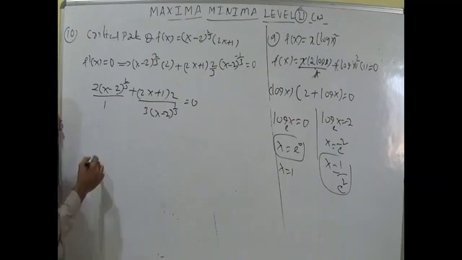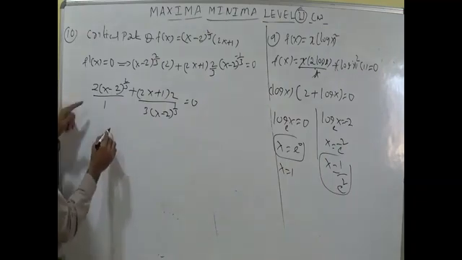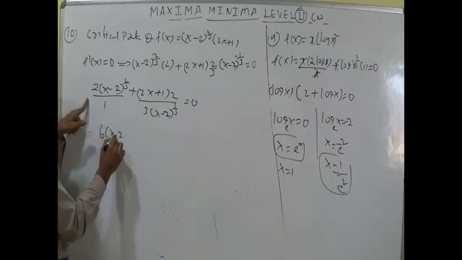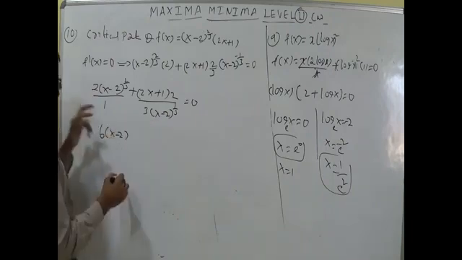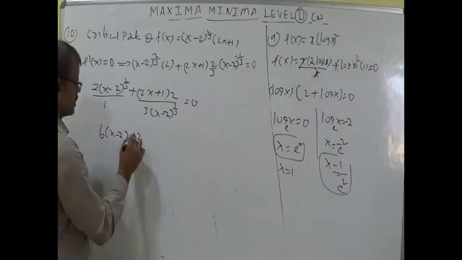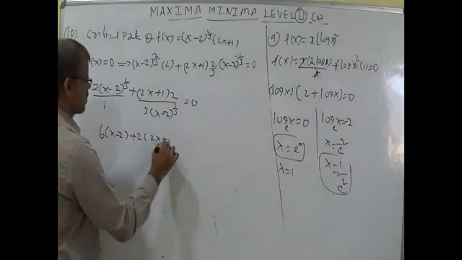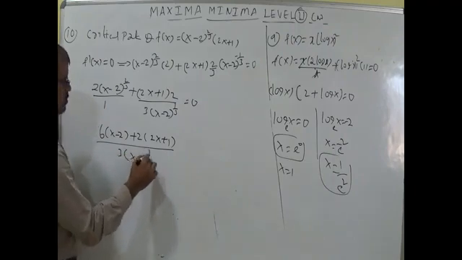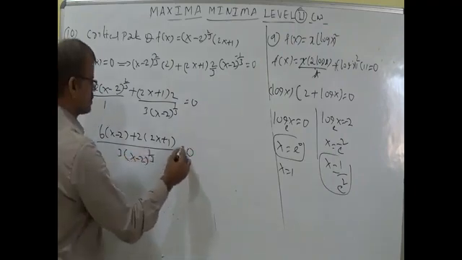Take LCM, and 2 into 3, 6, you write here: [6(x - 2)^(2/3)(x - 2)^(1/3) + 2(2x + 1)] / [3(x - 2)^(1/3)] = 0.